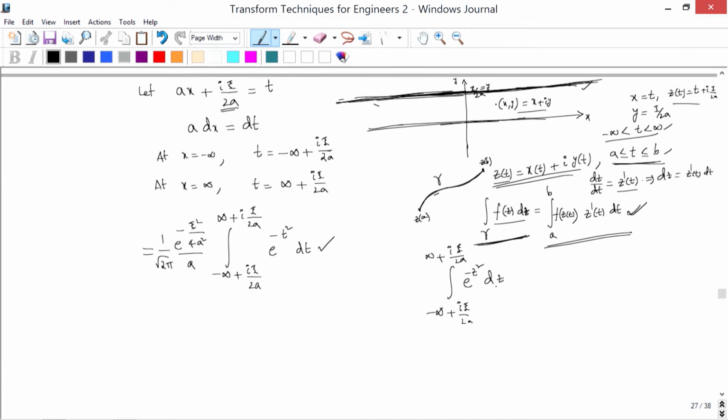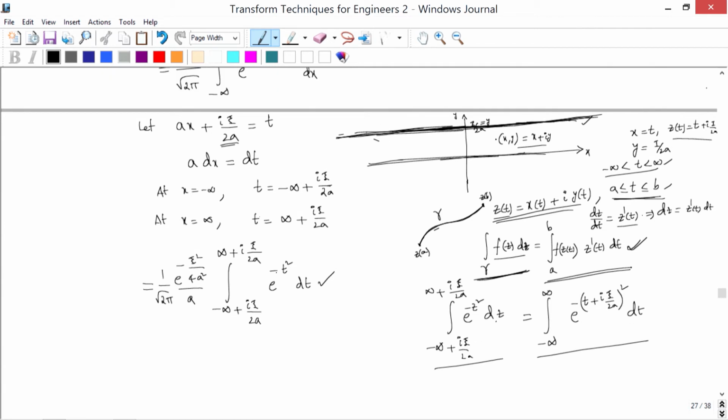If you rewrite, t goes from minus infinity to infinity and e power minus z of t square, that is t plus i xi by 2a whole square. dz is simply dt because the shift is a constant. So you do not really gain anything; just by parameterization and evaluating directly you will not be able to get it.